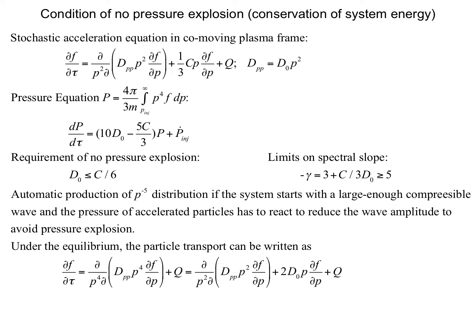The largest number is minus 5. So that's why the particles will automatically produce a p to the minus 5 spectrum if the system starts with a large enough compressible turbulence and the pressure can react to the turbulence amplitude to avoid the pressure explosion.